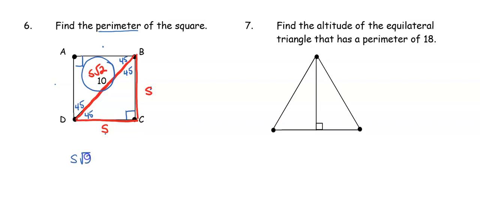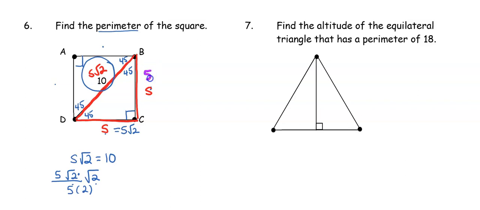So S root 2 is equal to 10. Remember, if I'm multiplying by root 2 and I'm getting rid of the radical, that means that this needed to be a root 2 as well, because root 2 times root 2 is just 2. So I asked myself, what times 2 gives me 10? That's 5. So my S is 5 root 2.